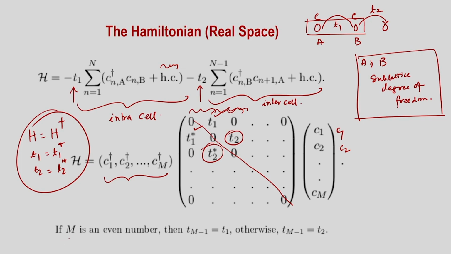You have to be careful: if you keep m to be an even number, then Tm minus 1 is equal to T1, and if you take m to be an odd number, then the hoppings near the end will change accordingly, because you want to end it with the right kind of hopping.